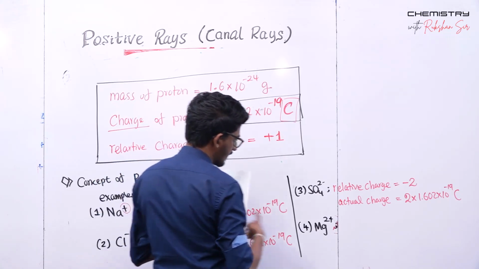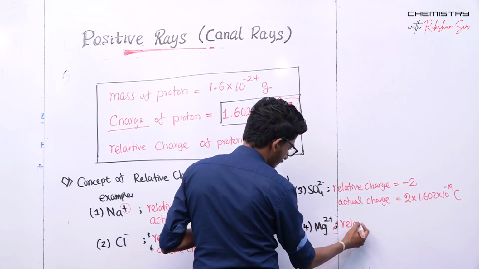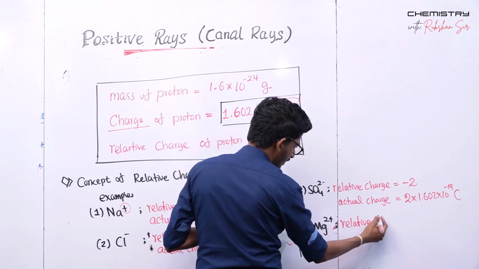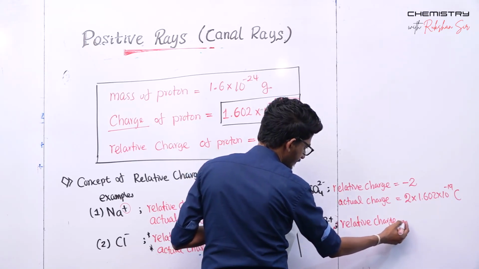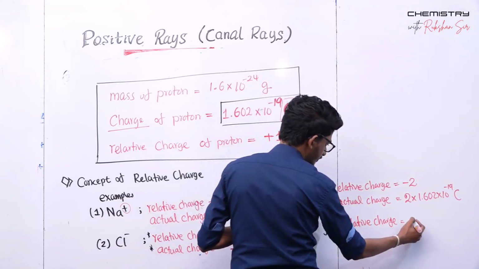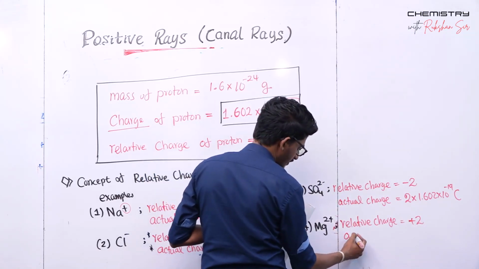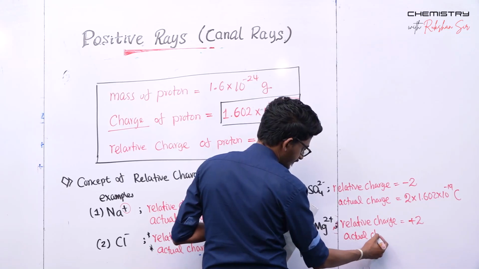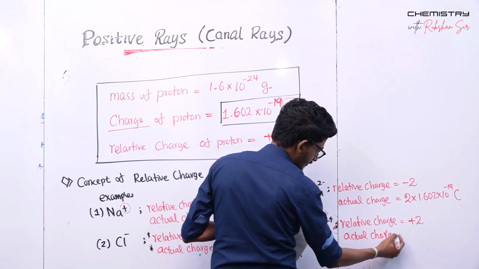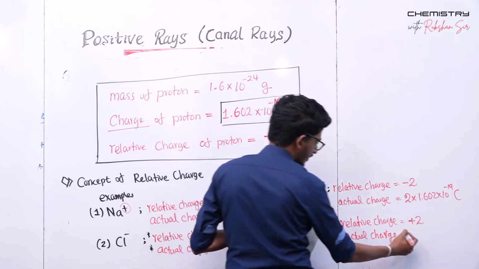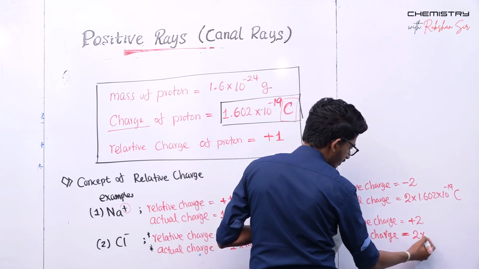Then the relative charge is plus 2. The actual charge means the Coulombic charge. Actual charge is 2 times the smallest charge.